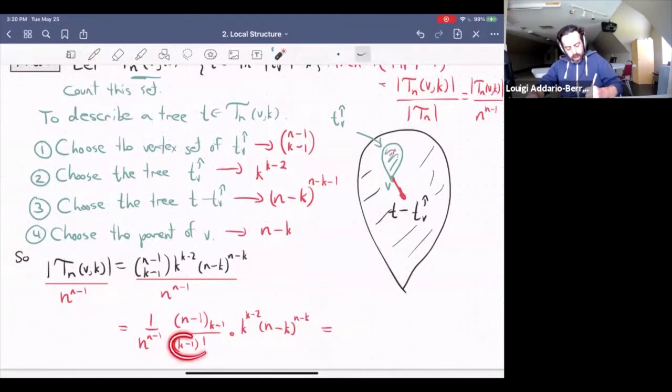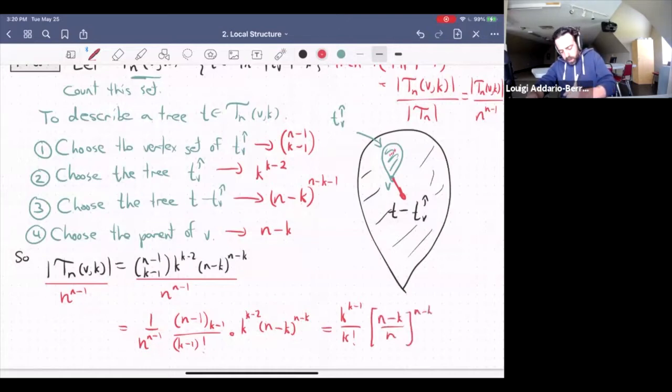If I multiply and divide by k, I get a k factorial on the bottom and a k to the k minus 1 on the top. And then here I have (n minus k) over n to the n minus k if I multiply and divide by n. And that gives me an n to the k left over, so I have (n minus k) over n to the n minus k, and what's left is (n minus 1 falling factorial k minus 1) over n to the k minus 1.